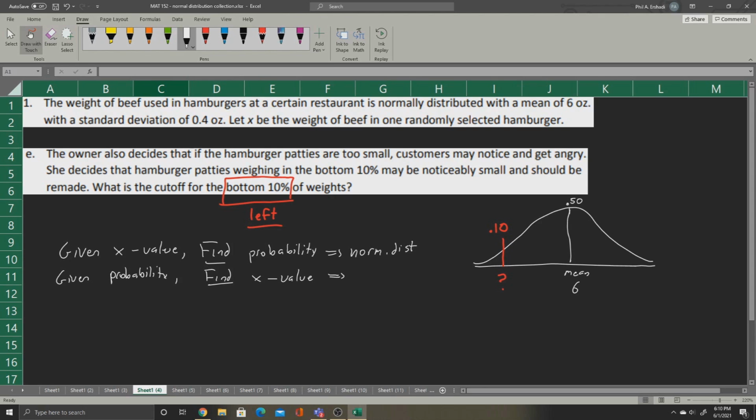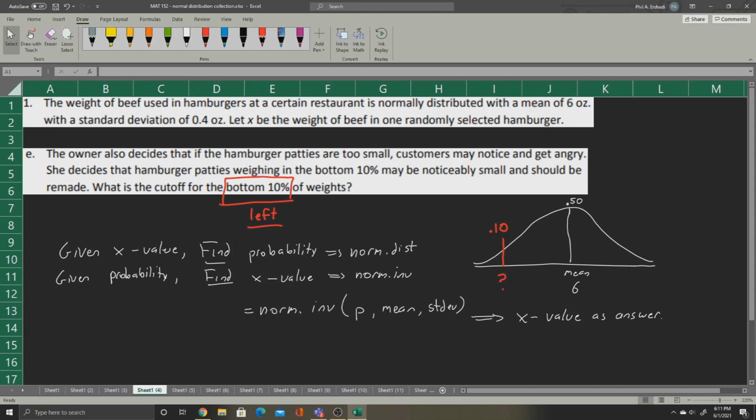Now, Excel has another function that does the opposite, that changes probability into X value, and this is called Norm.inverse or Norm.inv. To use this formula, we'll say equals Norm.inv. Place your probability first, comma, your mean, comma, your standard deviation. This will return an X value as the answer.